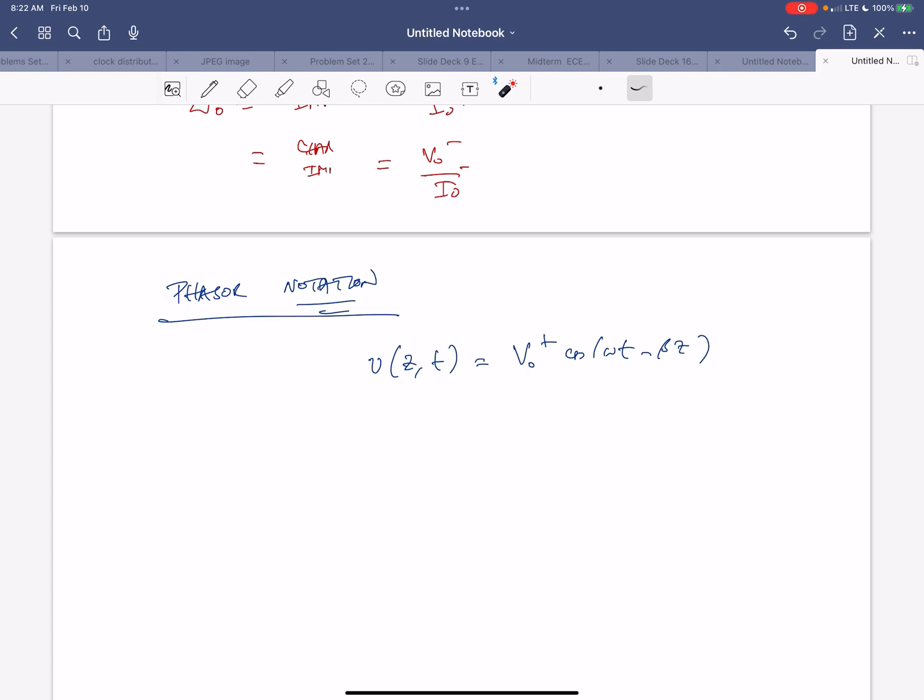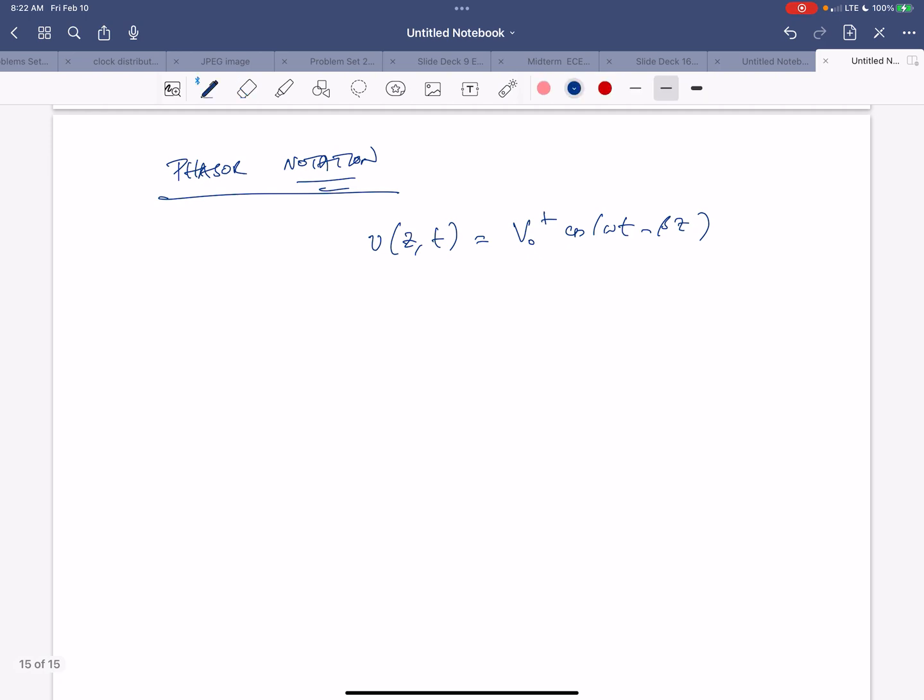Okay, so in this particular example, if this is the function, I can write this alternatively as the real part. So let me work backwards, knowing that I want to get to this. Let's say I have a function V0 plus e to the j omega t minus beta z.